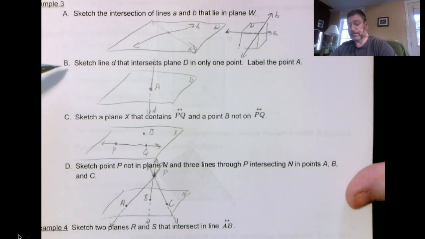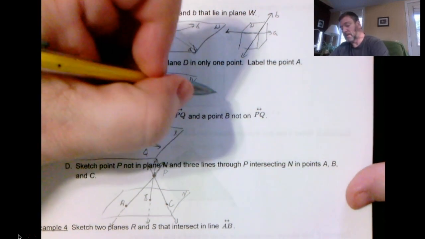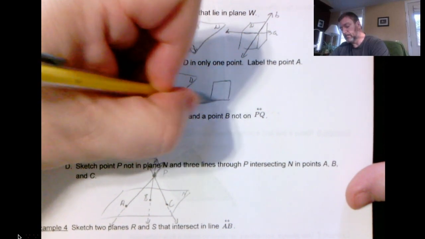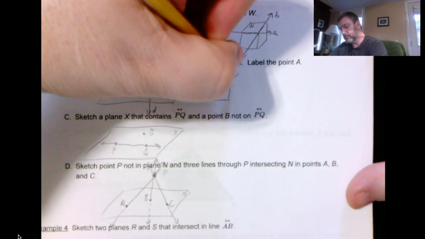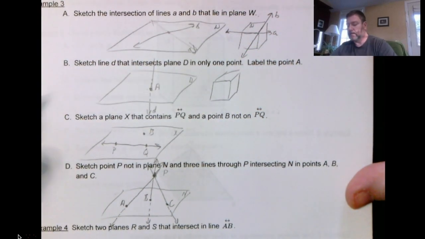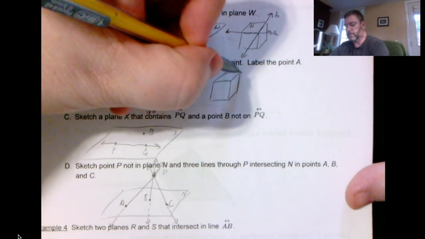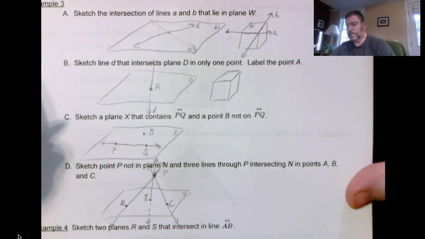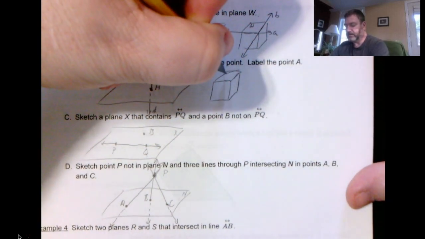I can do a similar thing for part B here. Again, draw a cube. And this time, let's do plane D as the top again.